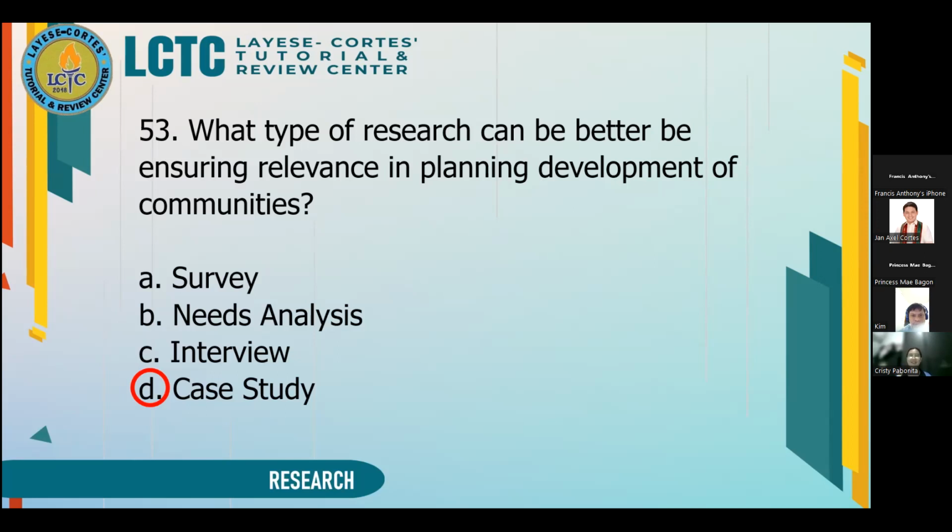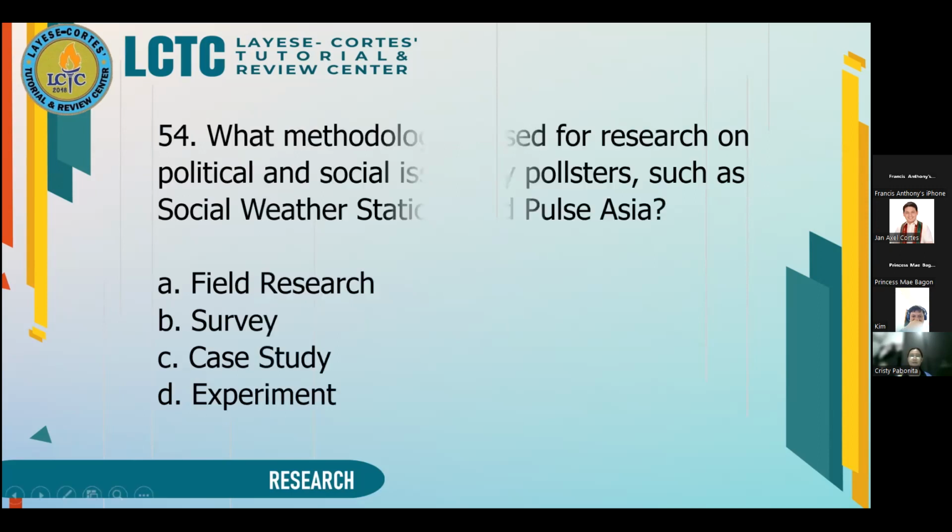Okay, sige. So, case study, if you want an impact, relevance in planning development in your communities. So, next is 54. What methodology is used for research on political and social issues by pollsters, such as SWS and Pulse Asia?